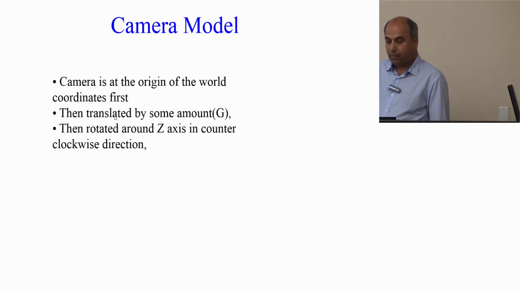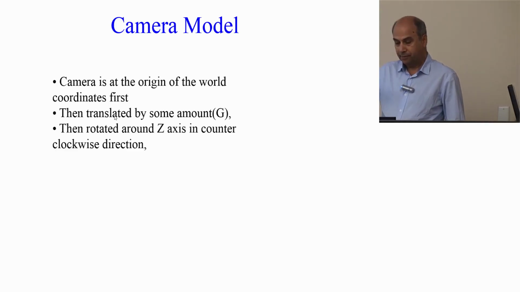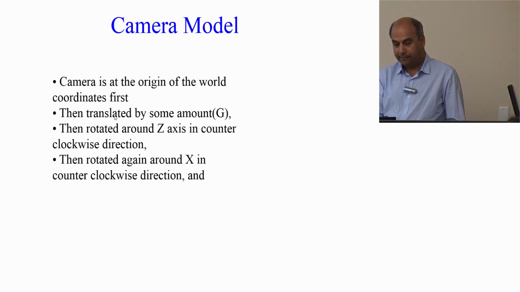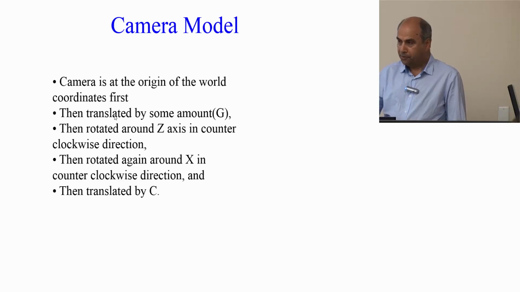Then we rotate around the Z-axis, some rotation, to get the scene. And then let's say we rotate again on the X-axis. You have to know which direction you are rotating, clockwise or counterclockwise. As you know, if it's clockwise, then it is the inverse of counterclockwise, so you need to make sure. And then you translate again, maybe somewhere.